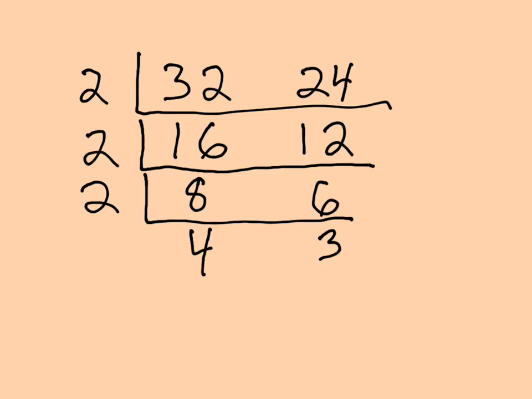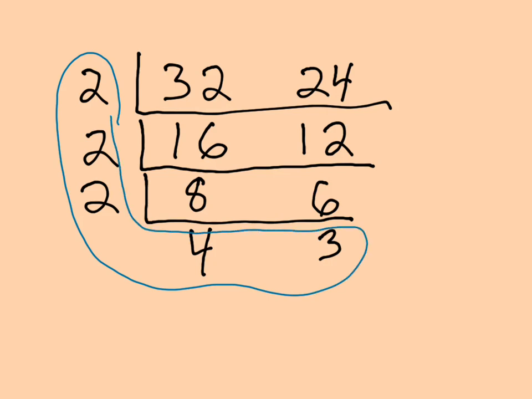Now, the only thing that goes into both of those is 1. So we know that we can stop. We've made our L chart. Now, the L chart tells us a couple of things. First of all, it tells us that the lowest common multiple of 32 and 24 is all of the L. If I take this whole L for lowest, see how that makes it kind of an L?